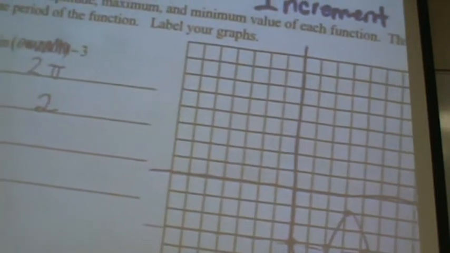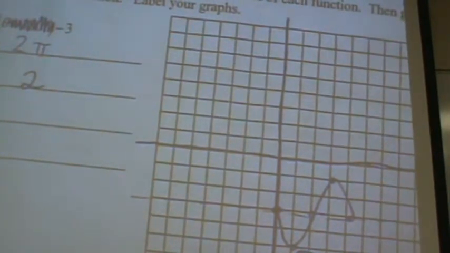So you're gonna go 3 units down, and it's upside down, amplitude is 2. So you'd start here, you go 2 down. So it's on, below, on, above, on. The maximum value is -1, and the minimum is -5.